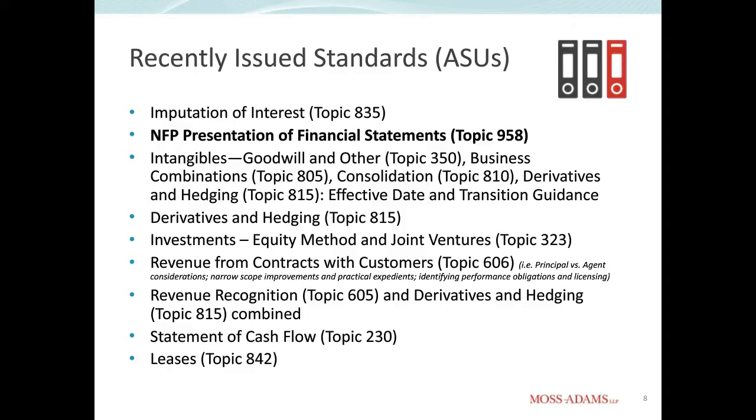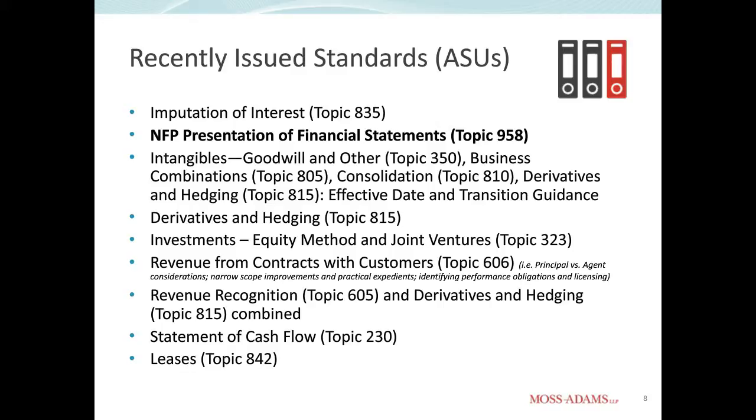There have been quite a few that do impact not-for-profit organizations. A lot of these standards are really to help reduce both the cost and complexity of implementing and following the standards that are currently in place. One of those has to do with the imputation of interest, and this is really specific to debt issuance costs.